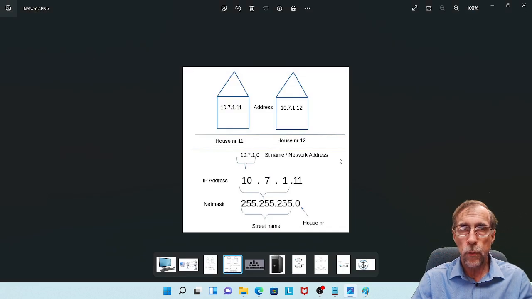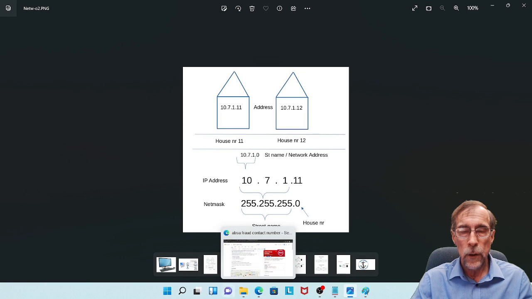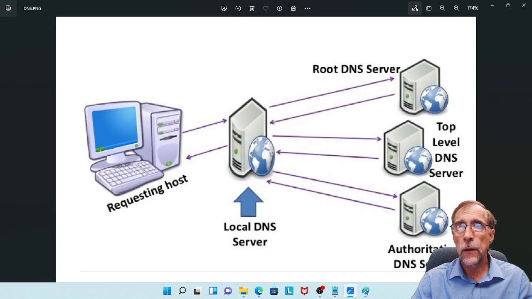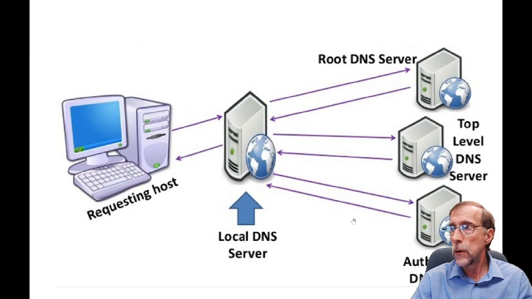But now, that was only one DNS machine or server. What you actually have is an entire network of DNS servers. So there we still have our machine, the local DNS server at your service provider, and then of course you've got your root DNS, your TLD, and your authoritative DNS server.